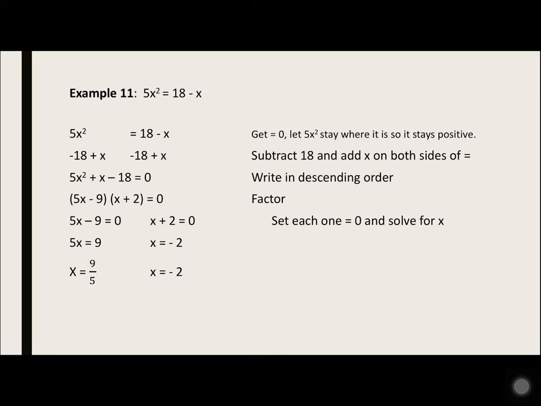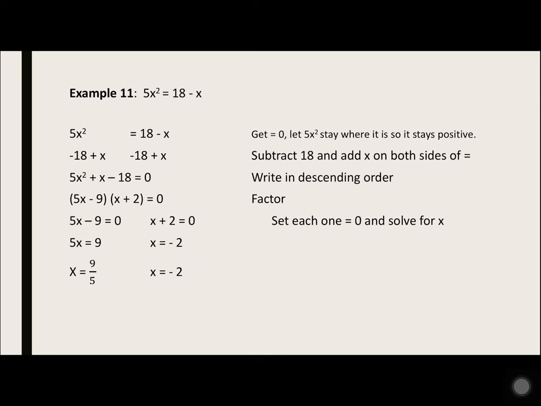Example 11, 5x squared equals 18 minus x. Get it equal to 0. Let 5x squared stay where it is so it stays positive. Okay, so the 18 minus x, I'm going to get 0 over there. So I'm going to subtract 18 on both sides and add x on both sides.